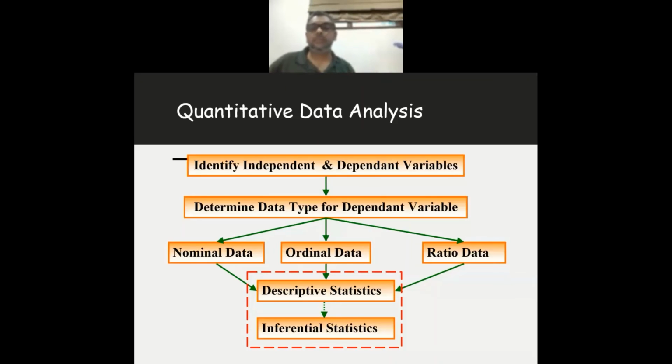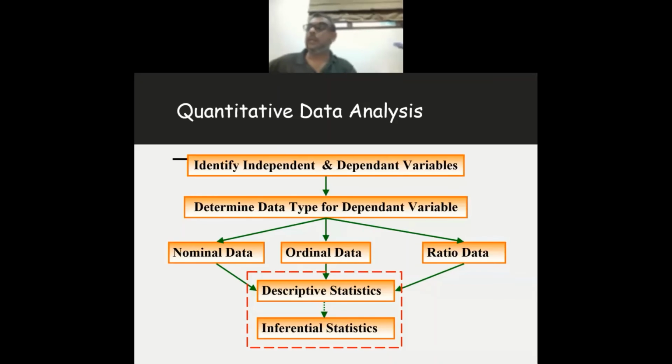Next, data type. What type of data are you looking at? Is it categorical, numerical, ratio, ordinal, all of that. And then based on this type of data, you are going to do descriptive first, and then you do inferential. Inferential, like I give you an example, you can do your Pearson relationship.